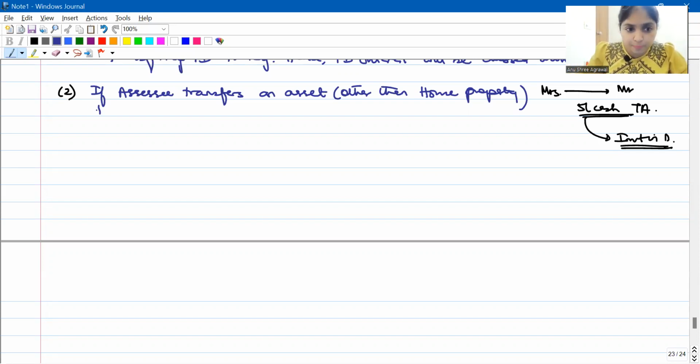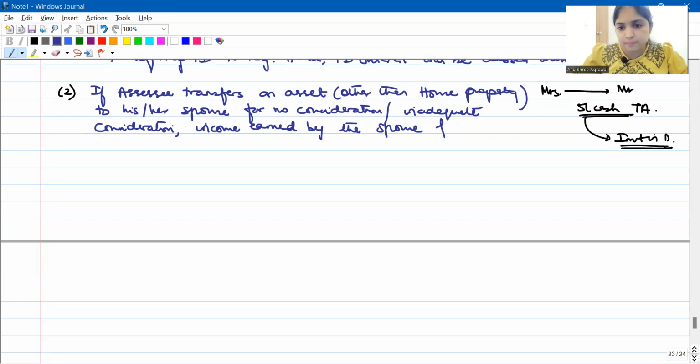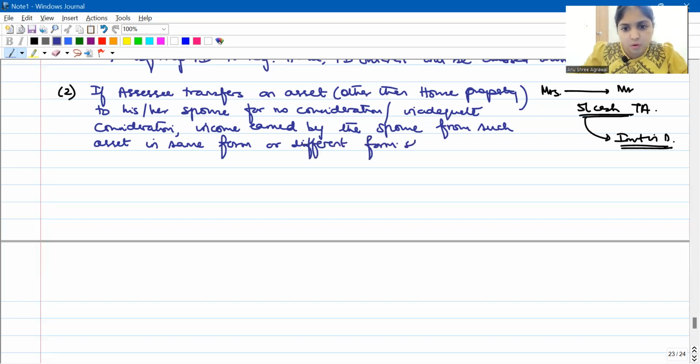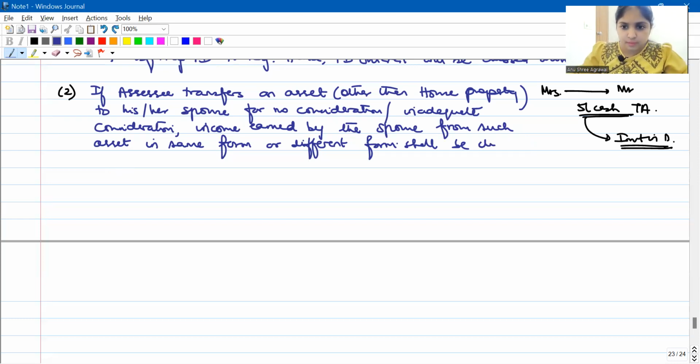So if assessee transfers an asset other than house property to his or her spouse for no consideration or inadequate consideration, income earned by the spouse from such asset in same form or different form shall be clubbed with transferor assessee's income.